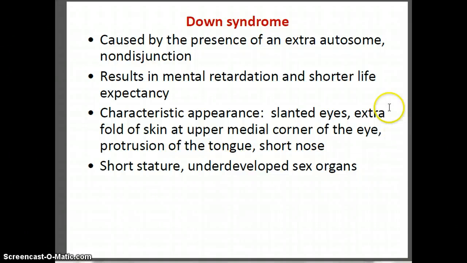This is caused by the presence of an extra autosome. It's sometimes also called trisomy 21, which means 3 number 21 chromosomes rather than the normal 2. This tells you some of the characteristics of that condition.